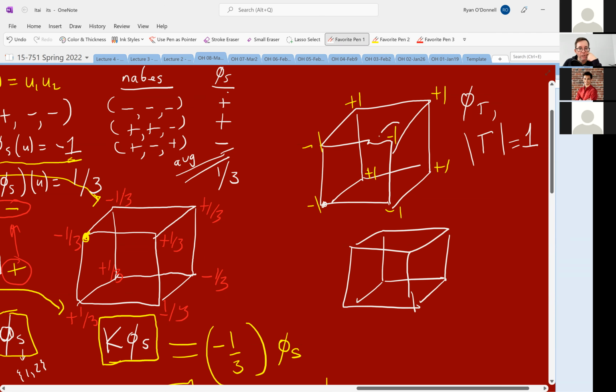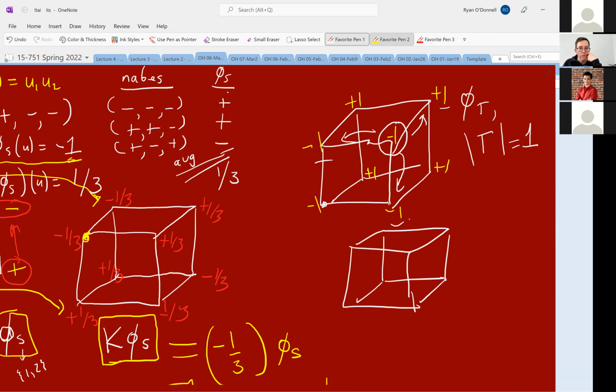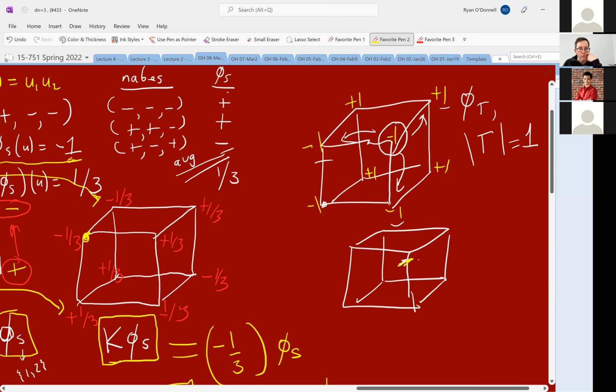And then again, if we draw k phi t. Okay, so what's the operation? The value here is you average the 3 neighboring values, which are +1, -1, and -1. The average of +1, -1, and -1 is -1/3. So here you'll get -1/3 at this vertex. This is k phi t. And here we had -1. So long story short, in this case, every value here will be 1/3 the value it was in the original picture.